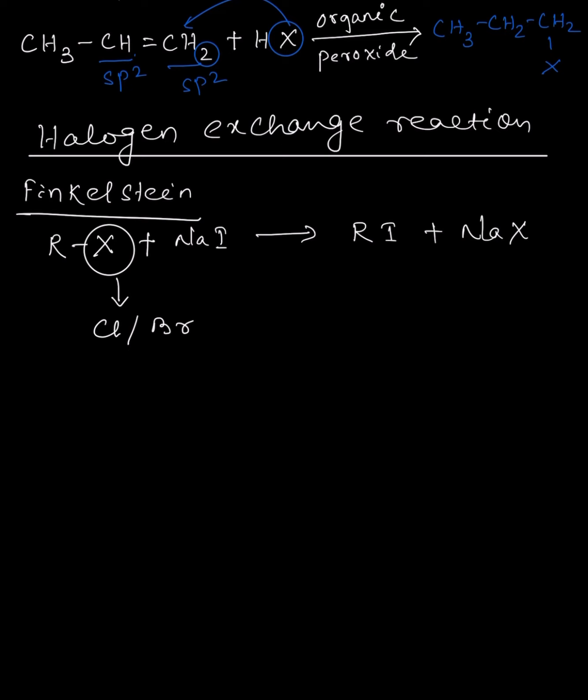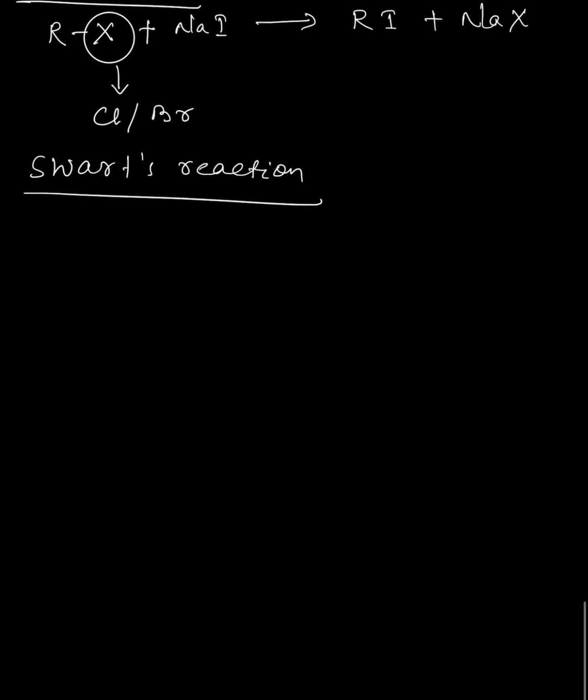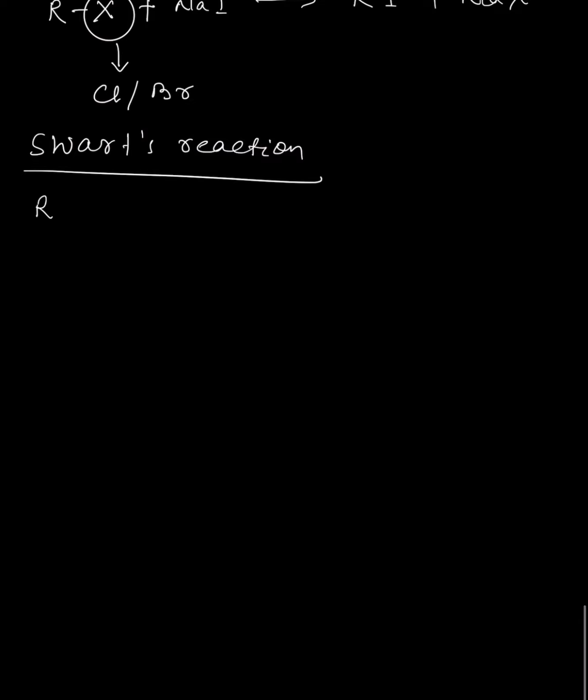Similarly, another reaction is the Swarts reaction. This reaction is used to prepare fluoroalkane. It is also a halogen exchange. When haloalkane reacts with silver fluoride or mercurous fluoride or cobalt fluoride or antimony trifluoride, it will give fluoroalkane.